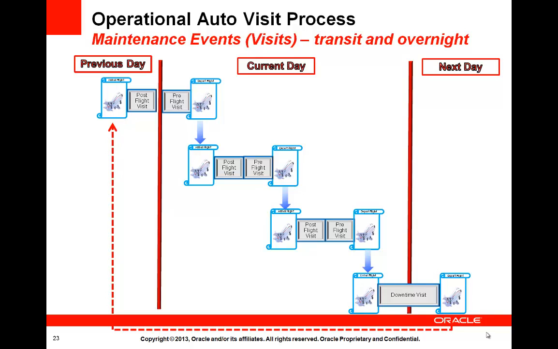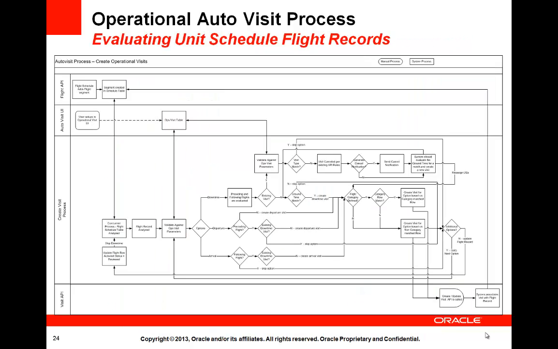This gives the customers a lot of flexibility in creating either no visits, only overnight visits, or a combination of transit and overnight visits. Here we will walk the processing flow for evaluating flight schedule records while creating operational visits.